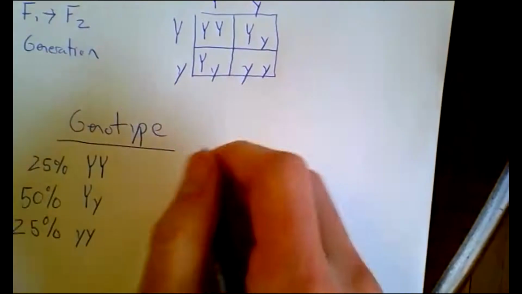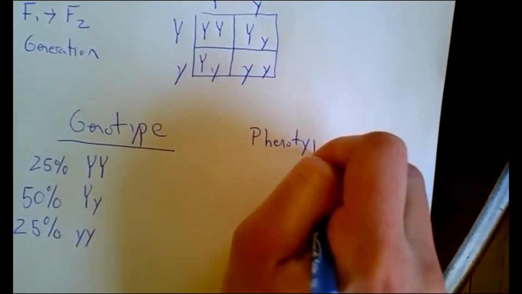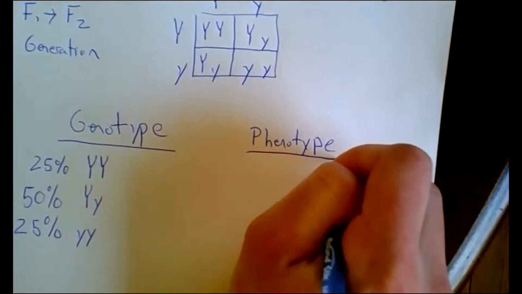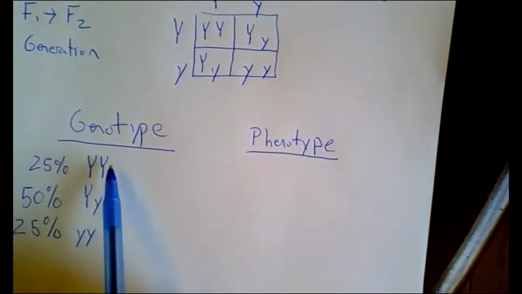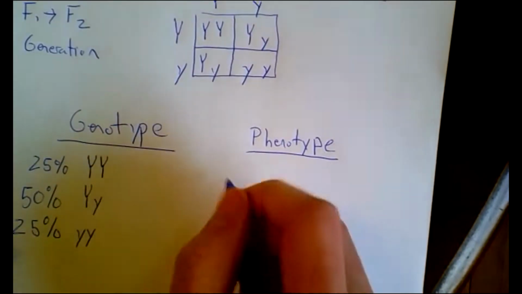Of course, genotypes lead to phenotypes, what an organism actually looks like. And in this case, the homozygous dominant and the heterozygous plants are going to look the same.